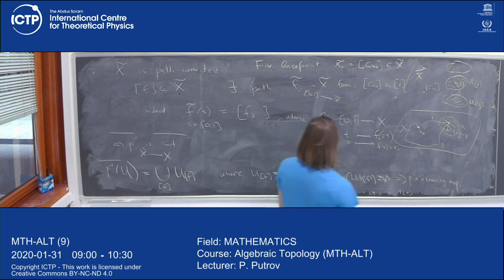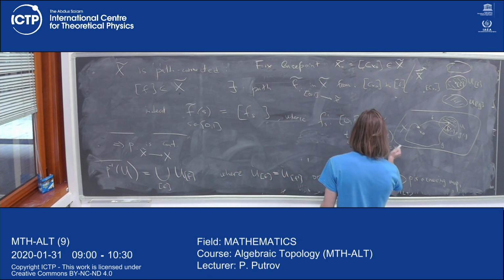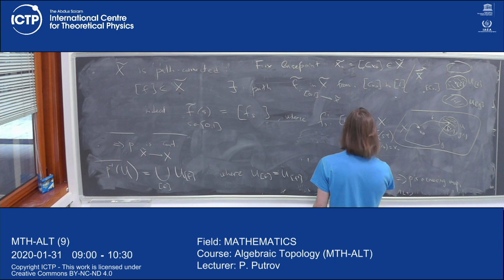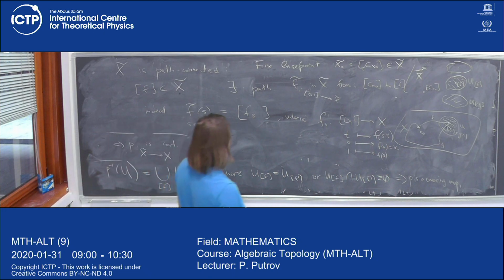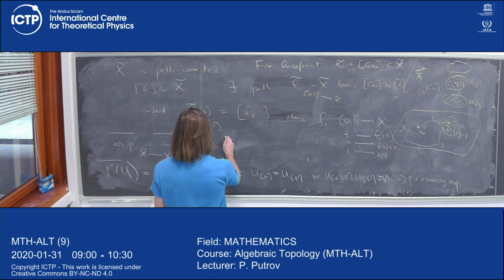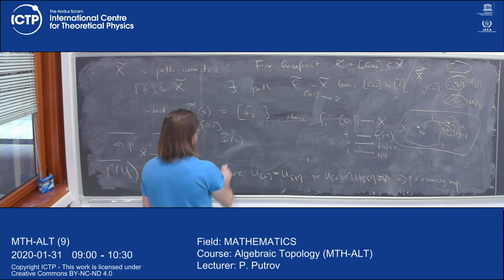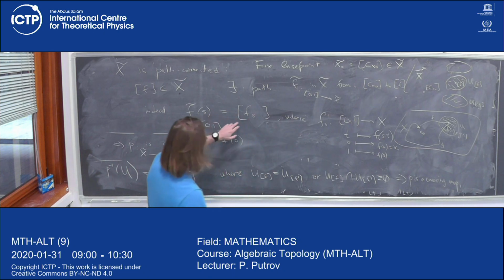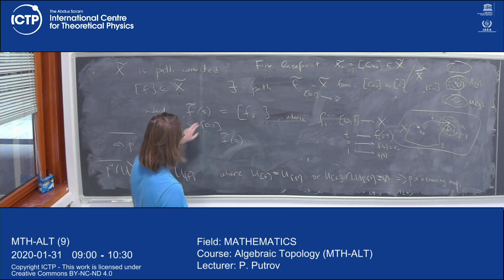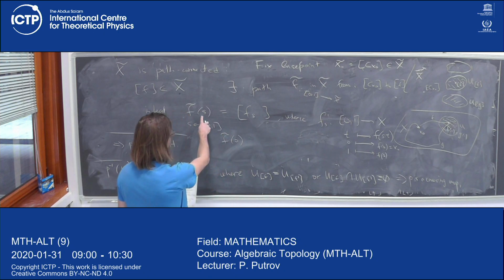And 1 is mapped to f of s. And so this is some path in X, but we want a path in X tilde. So this is some path in X tilde.